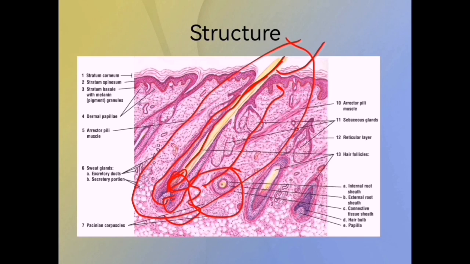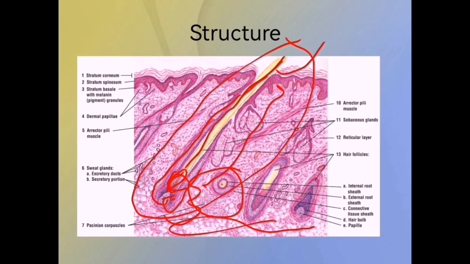Take note that the hairs extend into the dermis and they can also extend into the hypodermis. We can identify this as the hypodermis because of the presence of adipocytes. There are also structures associated with hair follicles.